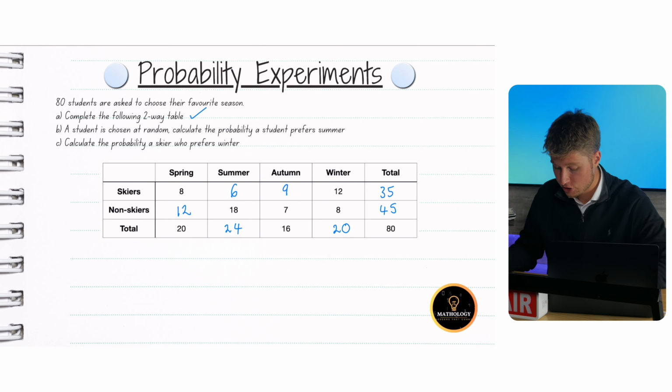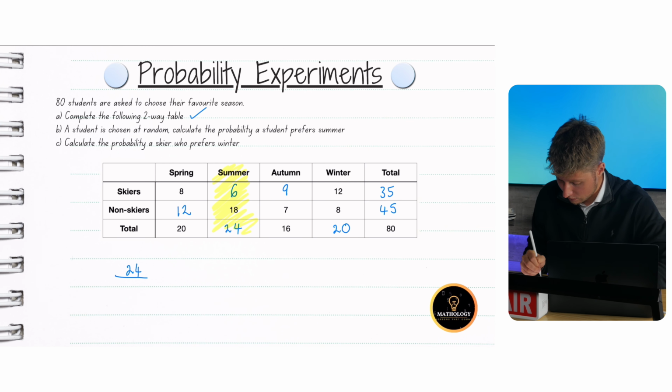Part B says a student is chosen at random. Calculate the probability a student prefers summer. So the summer section is this section here. So the total number of skiers in summer is 24. 24 out of the total sample size, which is 80. So 24 out of 80.